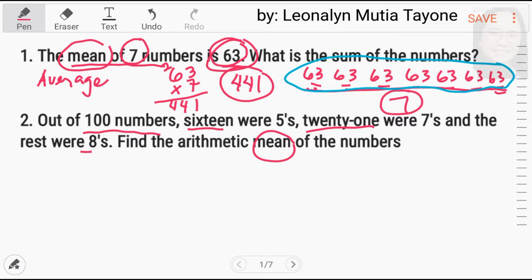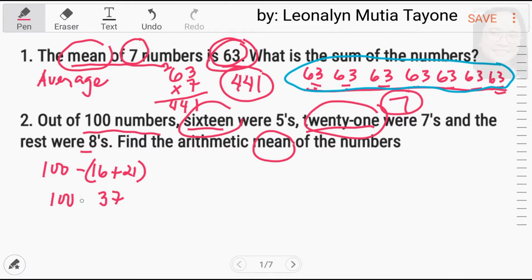We're looking for the average again. There are 100 numbers in all, so we subtract 16 and 21. We add 16 and 21: 16 plus 21 is 37. So 100 minus 37 is 63. Therefore, there are 63 8s.